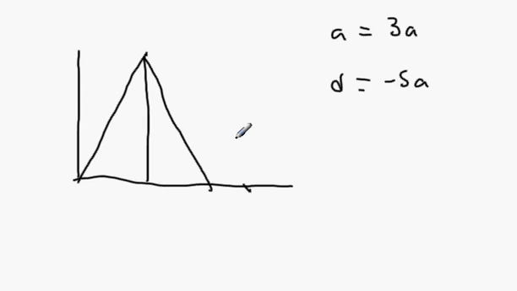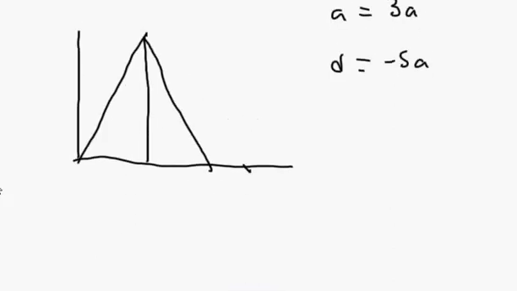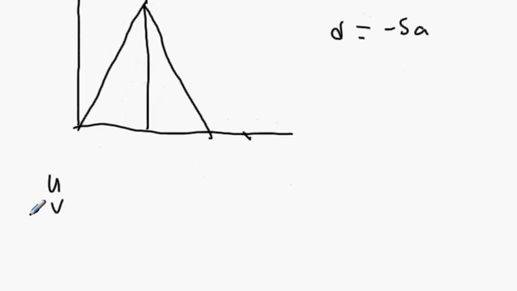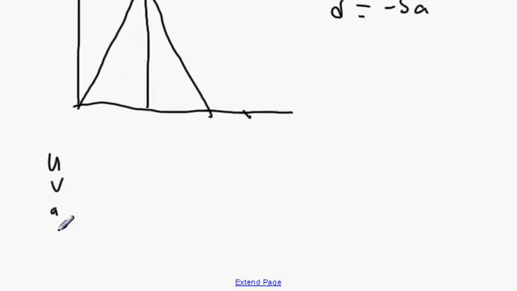What we can do currently is UVAS both systems, if you wish. When you UVAS both systems, we're told u is 0, v is v, a is 3a, s is s, we don't know, and t we don't know.